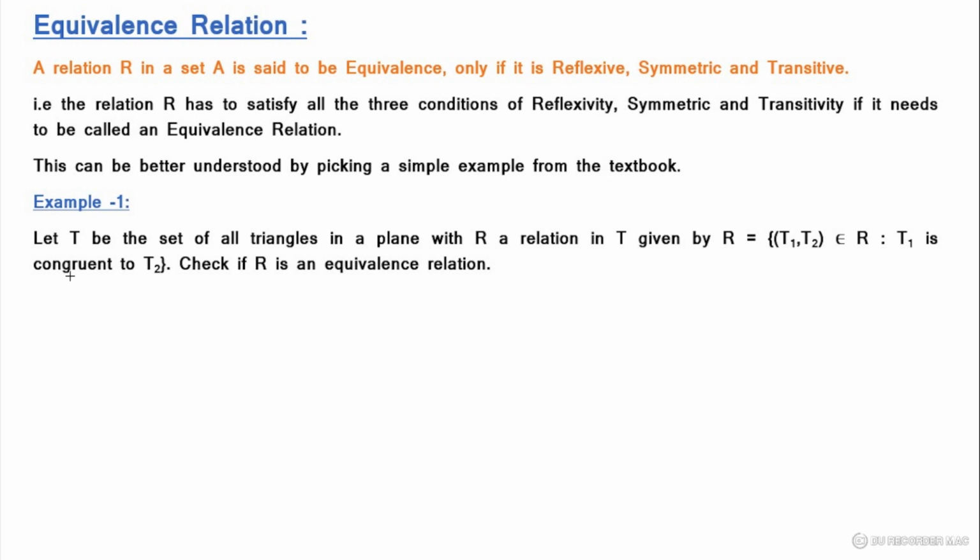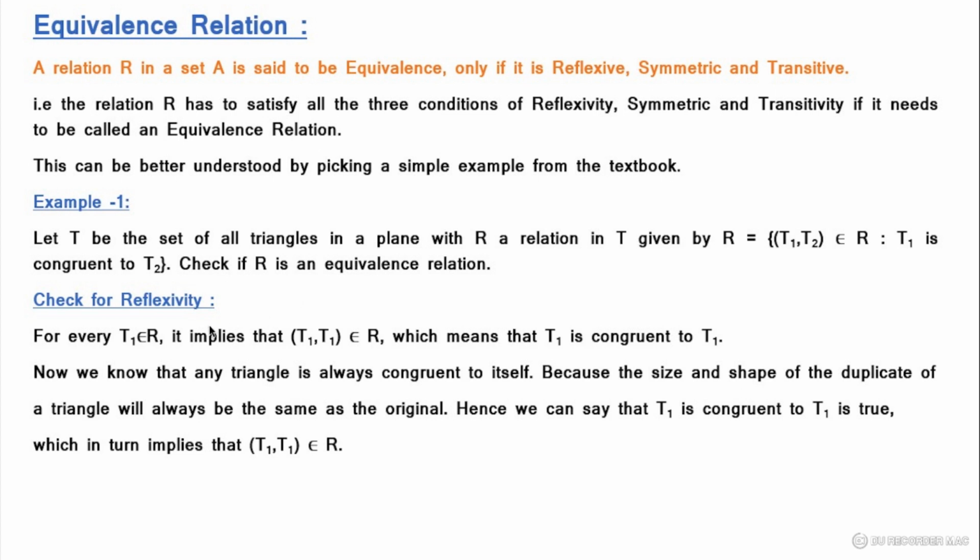Okay. Now that we are asked to check R is an equivalence relation, how do we start? We start with checking for reflexivity. For every T1 belonging to R, it implies that T1 comma T1 belongs to R, which in turn means that T1 is congruent to T1. Now, if I am telling you that T1 belongs to R, what does it mean? It satisfies the relation, that is T1 is congruent to T1.